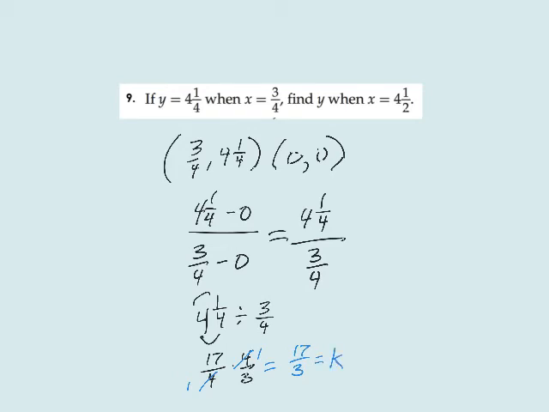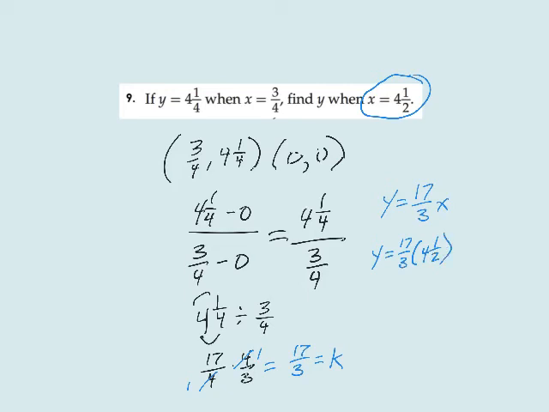Alright, and I'm supposed to find it when x is 4 1/2. So let's write the equation. It'll be y equals 17/3 x. And I'm supposed to find it when x is 4 1/2. So I'll do y equals 17/3 times 4 1/2. Of course, I'll have to change 4 1/2 into an improper fraction now.